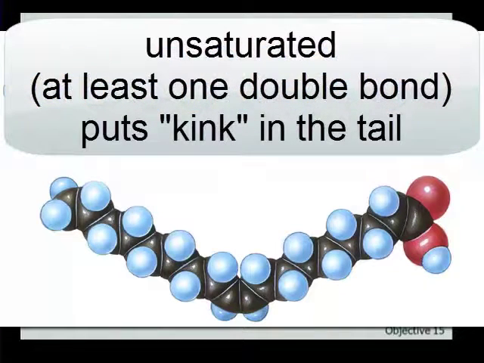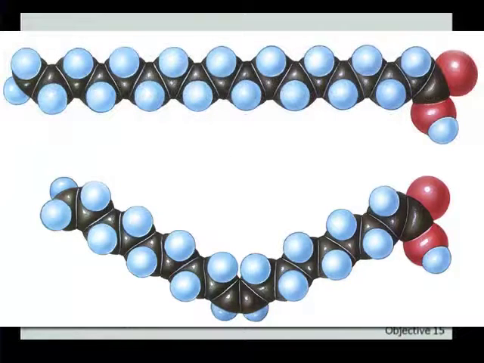So each one of these double bonds that occurs is called unsaturated. And when we have these double bonds in a lipid molecule, that puts a little kink in the molecule, which is going to have some profound effects on the properties of these fatty acids once they're added together in a triglyceride or in a phospholipid molecule, for example.